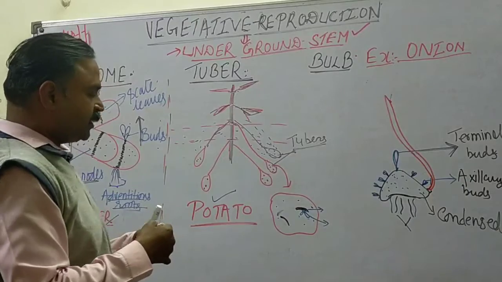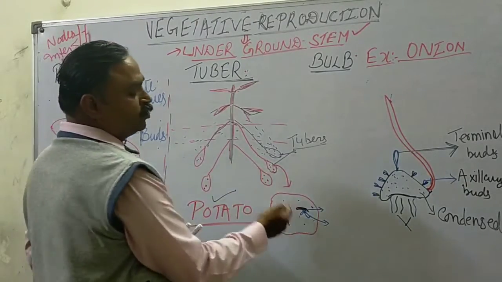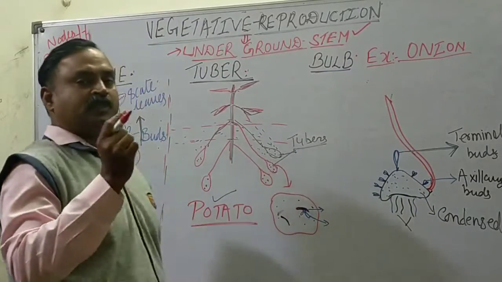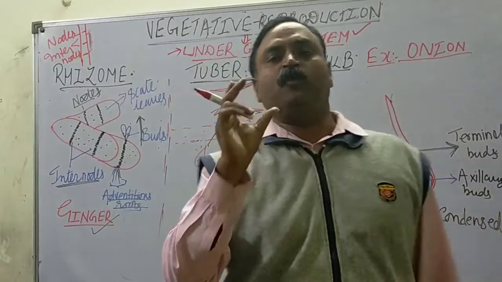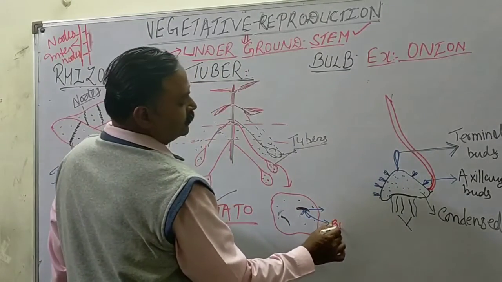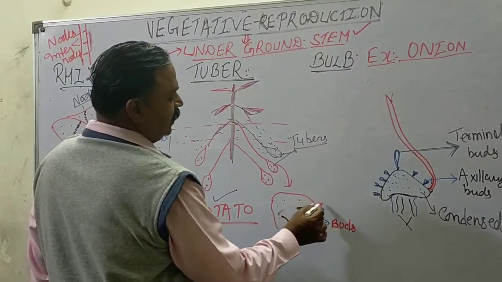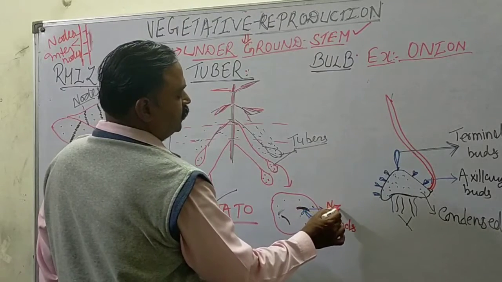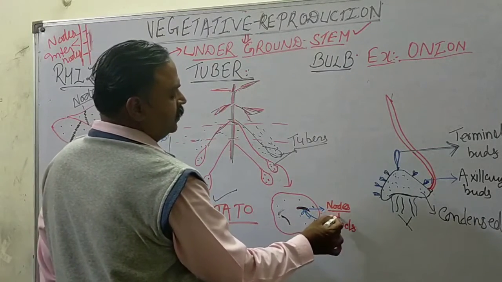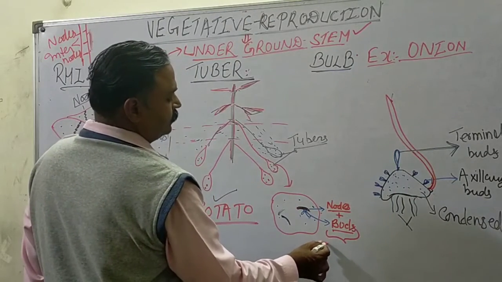Now when we see the tuber in detail, it will give you the idea how it gives rise to a new organism. You see, children, have you seen the old potato tubers? They have buds, and this is a scar-like structure. These are nodes because they develop buds, and the entire structure altogether is called an eye.